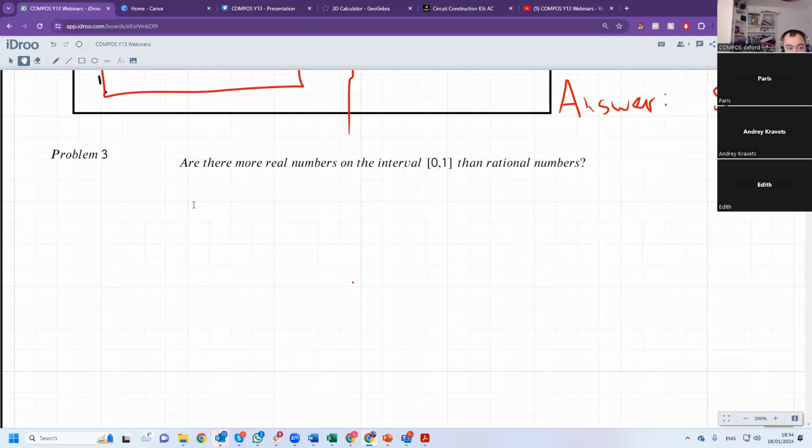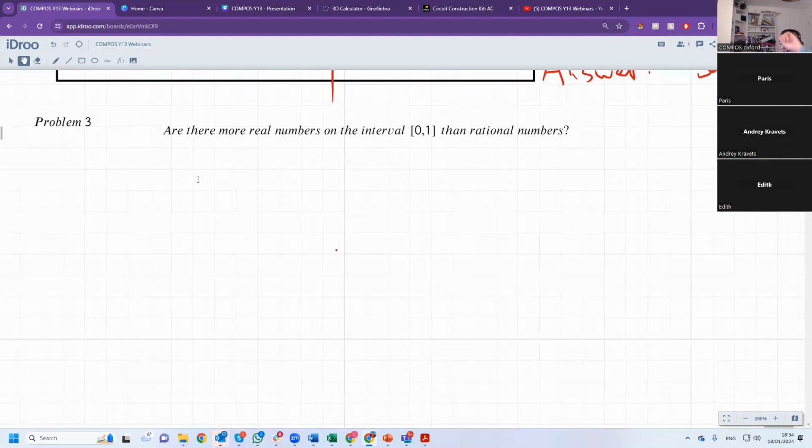Well, now we're talking just real numbers, so it's all the fractions, including the irrational ones: square root of 2, square root of 3, pi, etc. Can you count them? No, you cannot count them.